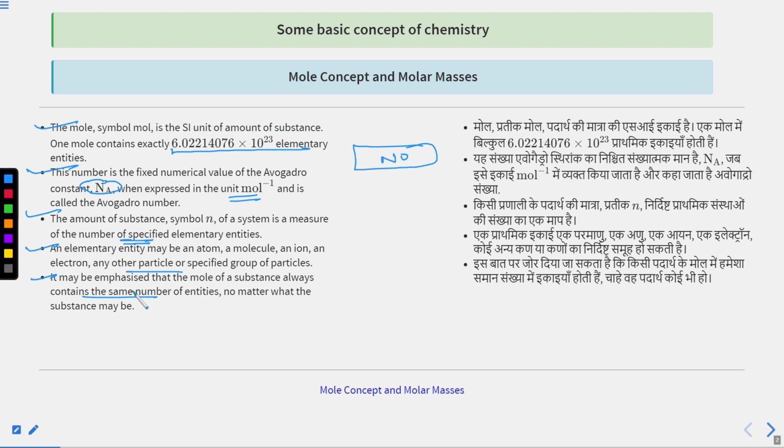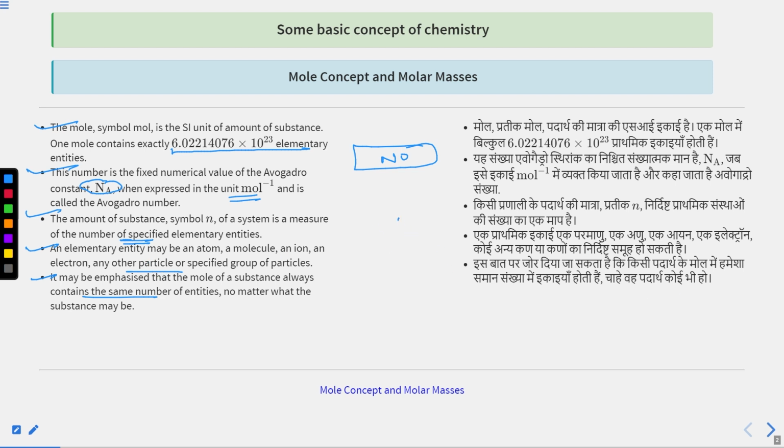This is fixed, no matter what the substance may be: gas, liquid, solid, crystal, ion, electron, proton, neutron, or whatever it is. 1 mole means that particular number, 6.022 into 10 raised to the power 23.